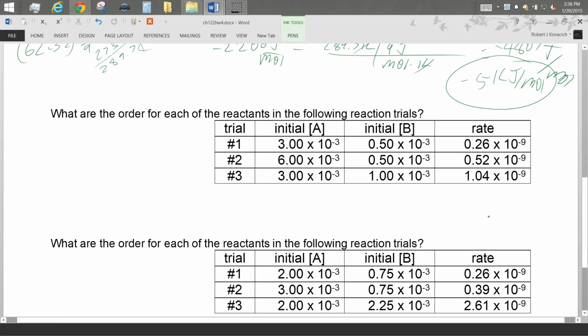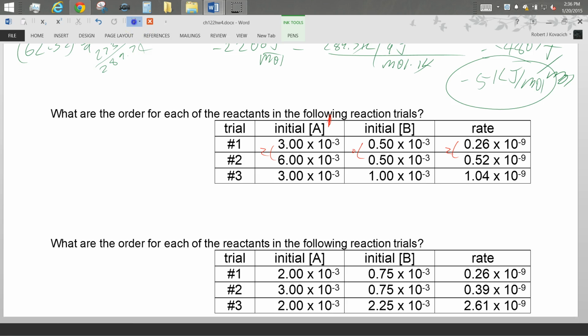What are the orders for the reactions in this trial up here? Okay, so which trials did you pick? Well, for A, 1 and 2, right? So I've got no change here, and I've got a doubling effect here, and I've got a doubling effect here. So then it's first order with respect to A, since they both change by the same factor.